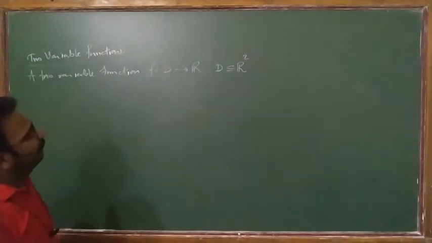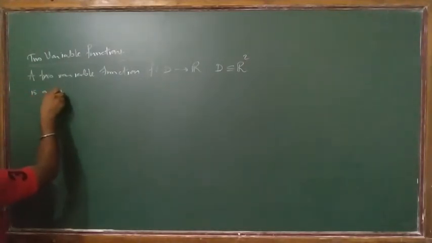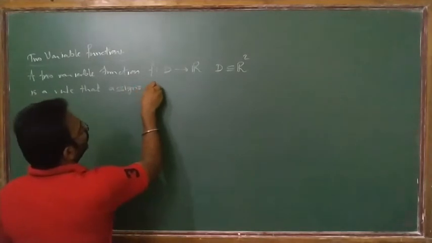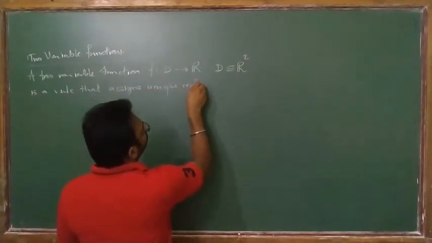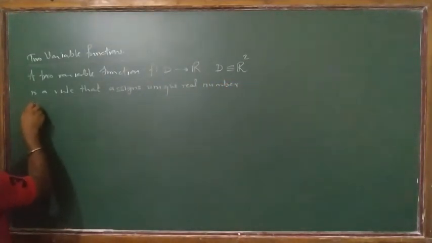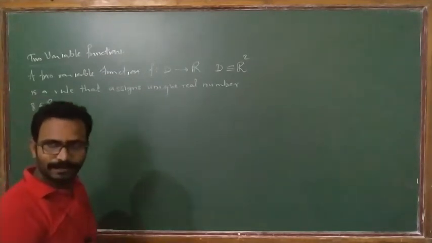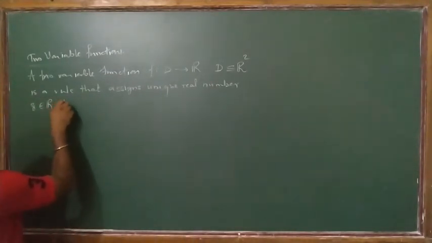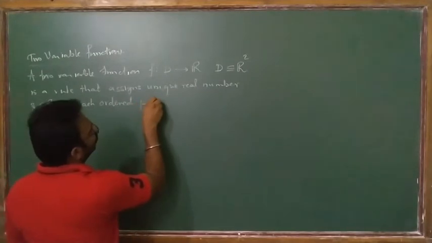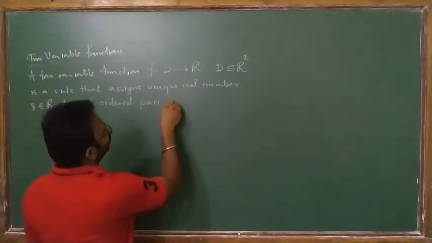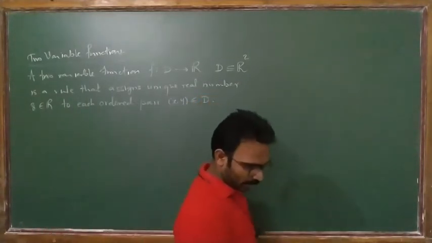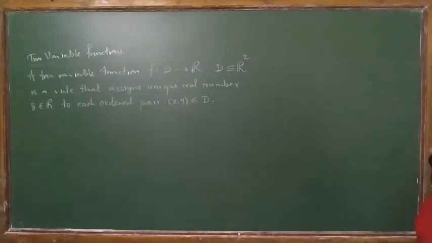So a two variable function f is a rule that assigns a unique real number z of the codomain to each ordered pair xy in D.